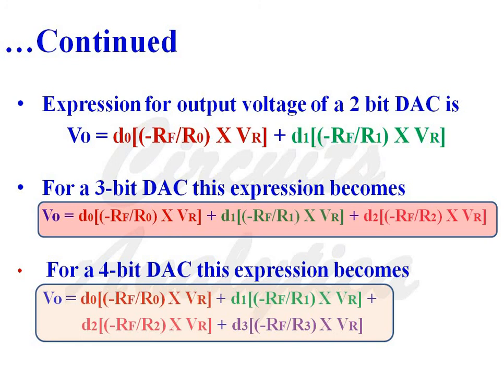So for a 4-bit DAC, this expression becomes V0 is equal to D0 into minus RF by R0 into VR plus D1 into minus RF by R1 into VR plus D2 into minus RF by R2 into VR plus D3 into minus RF by R3 into VR.